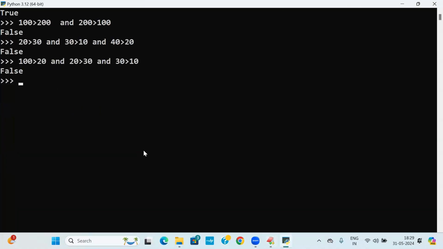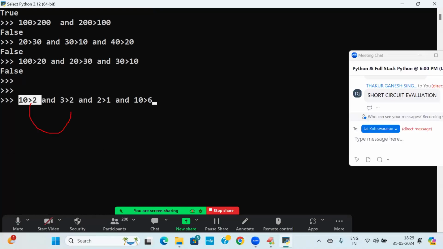Go to the next, last and final. 10 greater than 2 and 3 greater than 2 and 2 greater than 1 and 10 greater than 8. What is the first one? Compulsorily it goes to the second also. Compulsorily it goes to the third also. Why compulsorily do we need to go on when the last one is called false?